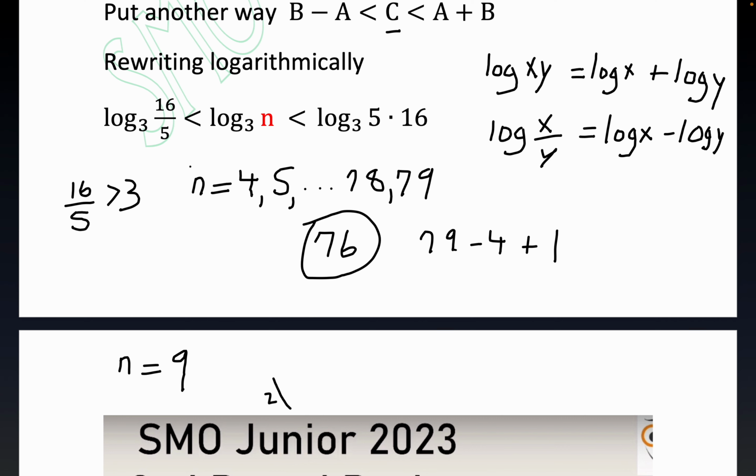Now notice that log base 3 of 16 over 5 is just a number a little bit bigger than 1, right? Because log base 3 of 3 would be 1, right? And so we would have another triangle here, maybe, and I'm trying to scale this part of the triangle. I'm not trying to necessarily say this is a right triangle.